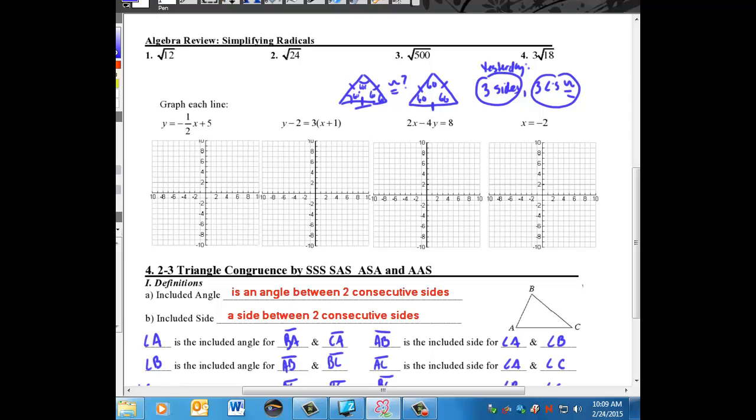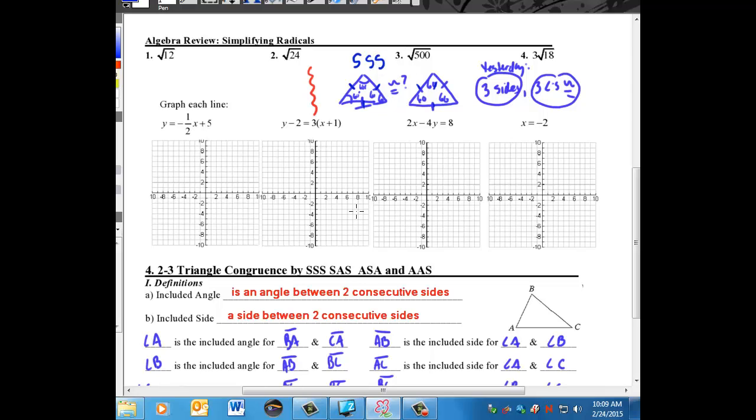Alright, now what if we switched it up? Before we switch it up, looking at what we have here, do you see how we have side, side, side, and side, side, side? There's a rule that we'll learn on our next page that says when you have three sides that are all the same, you can say that the shapes are congruent, and that's known as side, side, side.